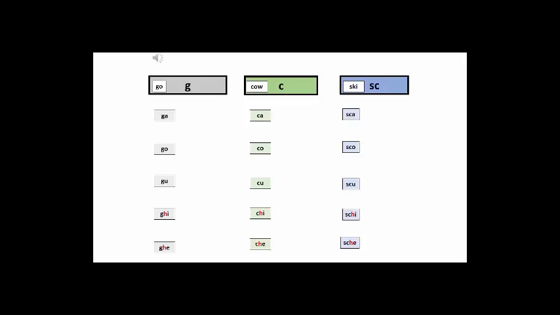Don't forget, when the last syllable is the vowel E or the vowel I in Italian, then in these three cases, always place an H before the E and the I.